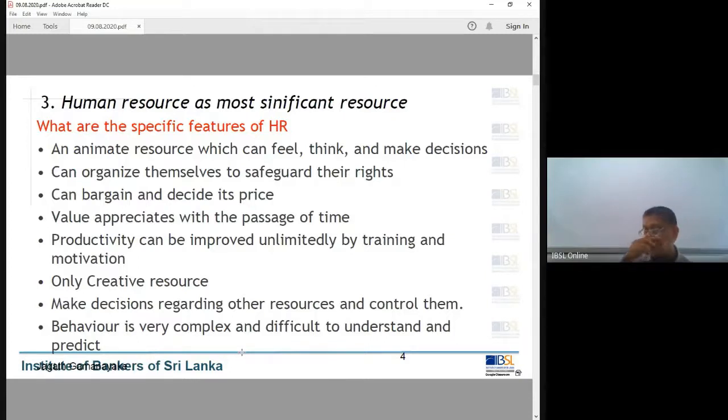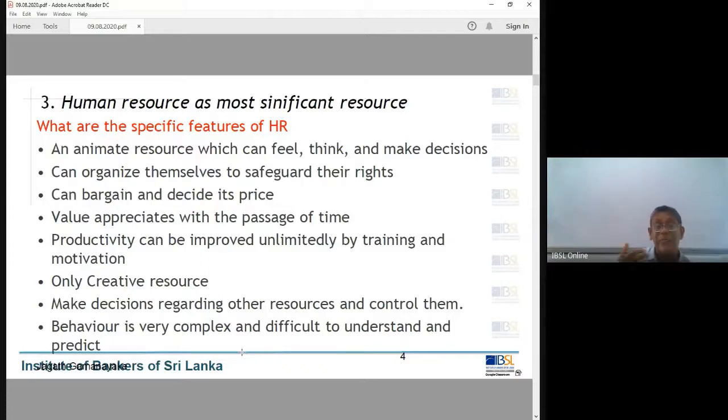And only creative resources. What do you mean by that? Only you can think. Others are dead, no? The only living thing is human resources. And another important thing is that it is very complex and difficult to understand and predict the behavior of human resources. So these are some of the specific features of HR when compared with other types of resources.